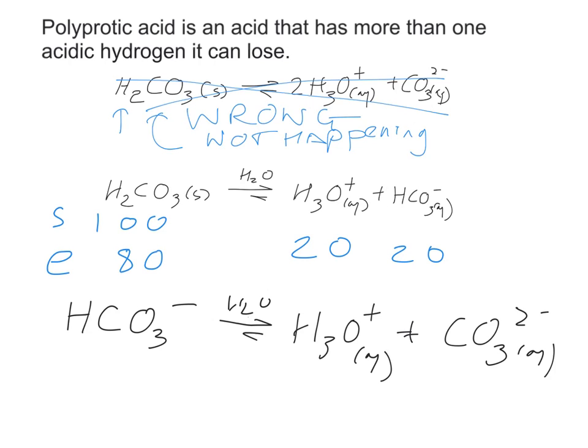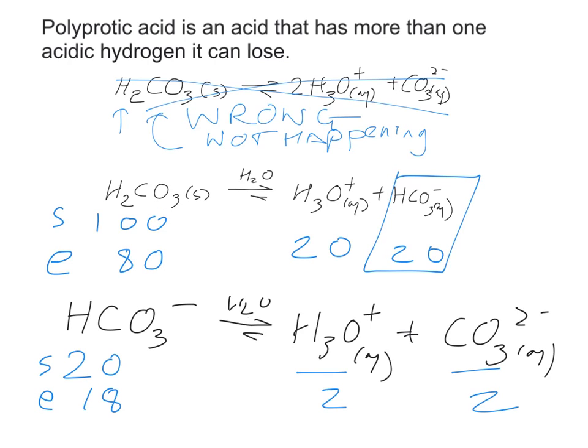Of the 20 molecules that break up, those 20 bicarbonate ions are the start of another acid reaction. Of those 20 that you start with, maybe 1 will break up, or maybe 2 will break up.